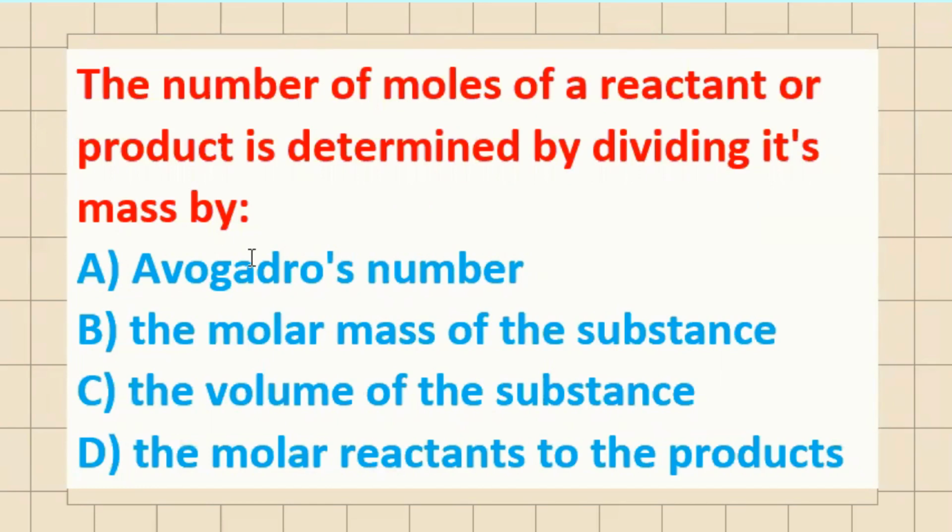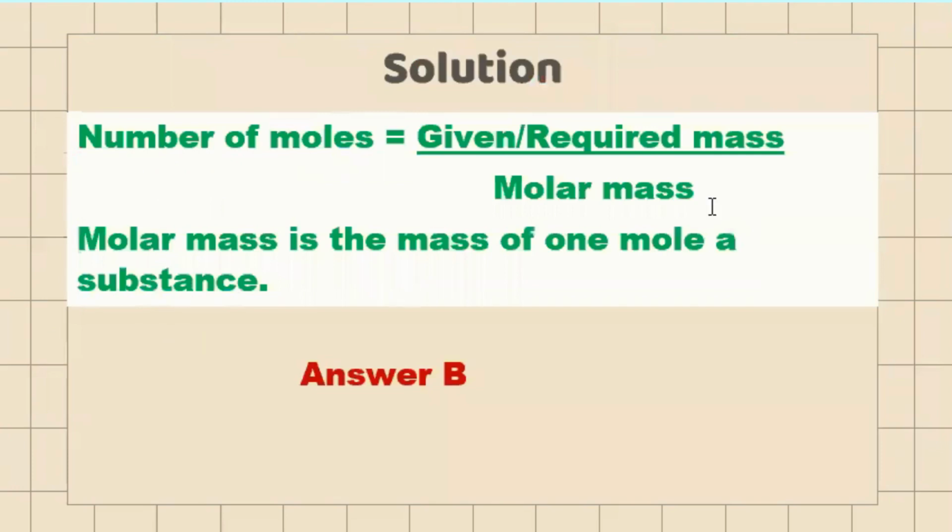Avogadro number cannot be the molar mass of the substance. The volume of the substance, no. The molar ratio of the reactants to the product, this is not the answer. The answer must be B, because number of moles is given or required mass divided by molar mass. The answer is B.